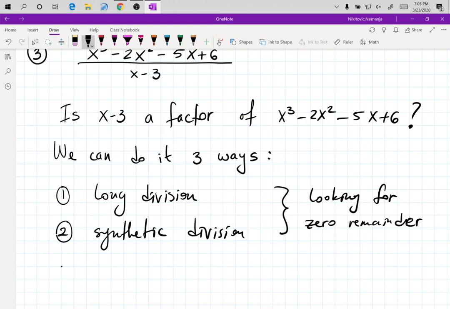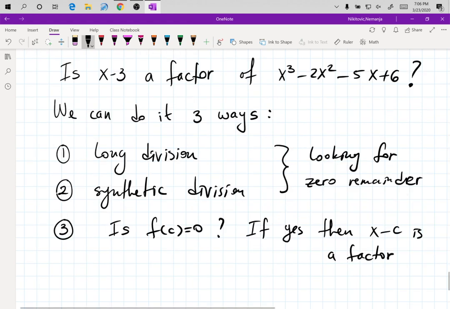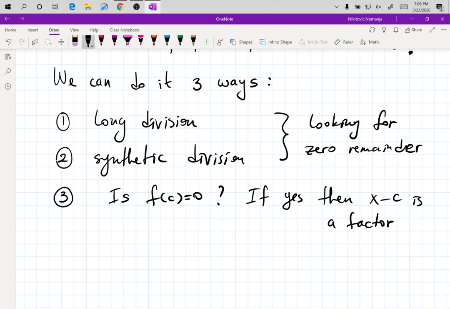The best method, the fastest method, number 3, is just to say, is f of c equal to 0? If yes, then x minus c is a factor. And that's the theorem. So my x minus 3 is telling me that c is 3.